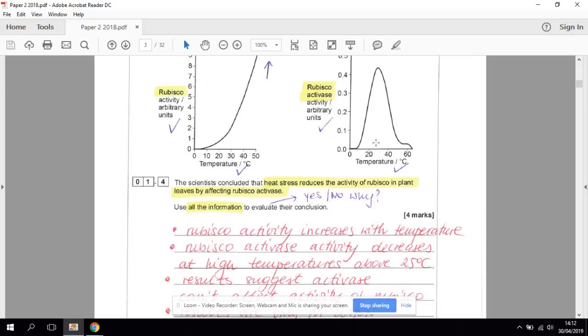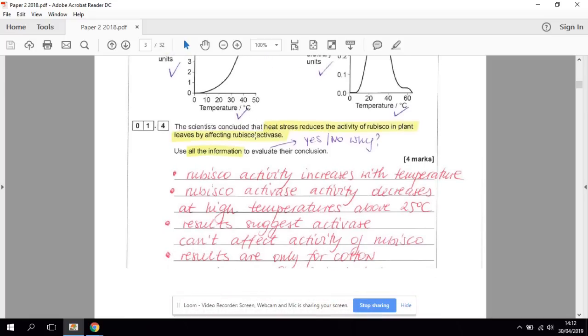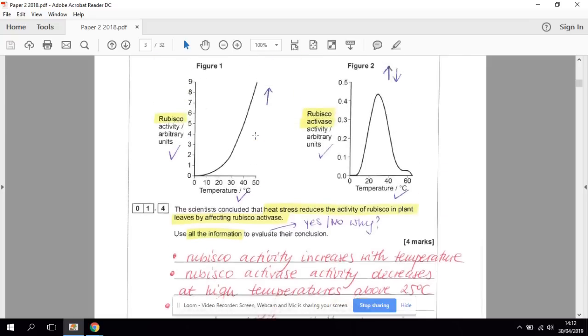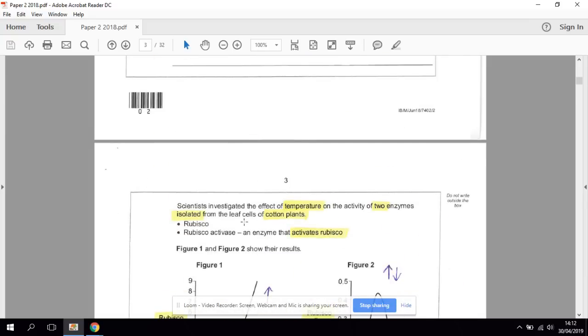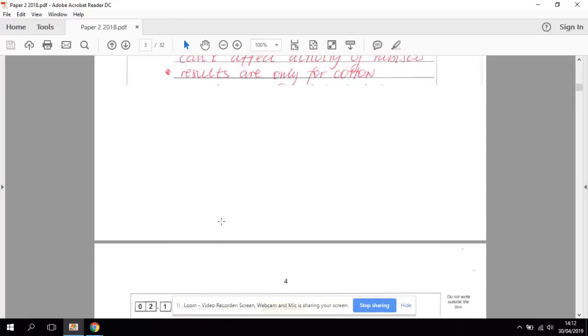So even though this decreases after 25 degrees, the Rubisco activity still goes up, still increases. And another point that we could say here is that the results are only for cotton. Why do we know it? Because it says that the enzymes were isolated and they are only of the cotton plants. And then we've got our 4 marks.